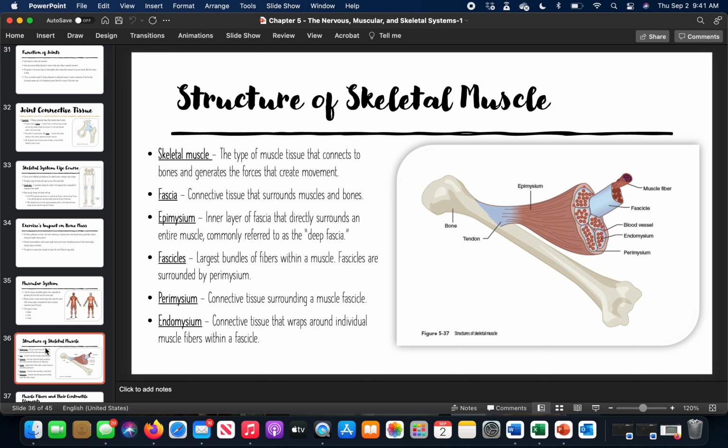Okay, and then you can follow along on the right side with that picture there. The fascicles are basically bundles of muscle fibers, and those bundles are surrounded by what we would call the perimysium. All right, and if you follow along, that's the bottom one here.